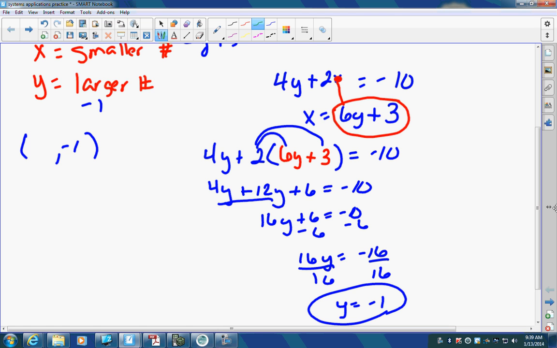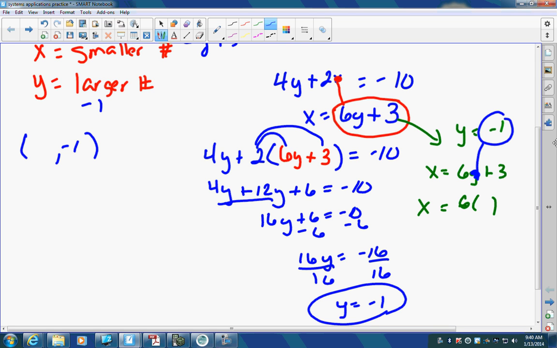Now, choose one of the two equations. I'll choose right here, x equals 6y plus 3. We just found y to be negative 1. So you're going to take that negative 1 and put it in here for y. X equals 6 times negative 1 plus 3.